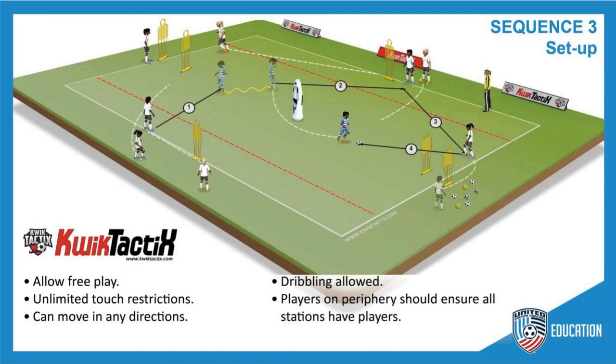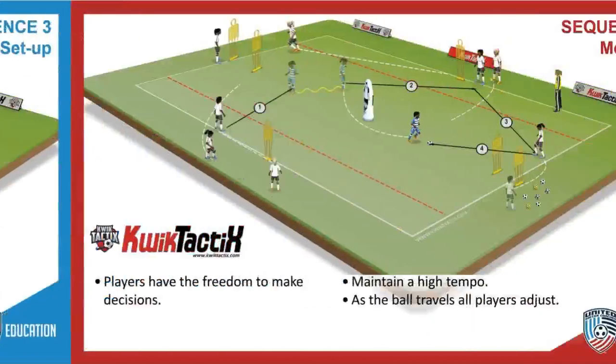The players are encouraged now to improvise and to now find players on either side and either end as they see fit. So now we see a much more fluent movement. We see a lot of improvisation. We see some dribbling. So Ian, I think now this activity has really taken on a life of its own and now is much more game realistic.